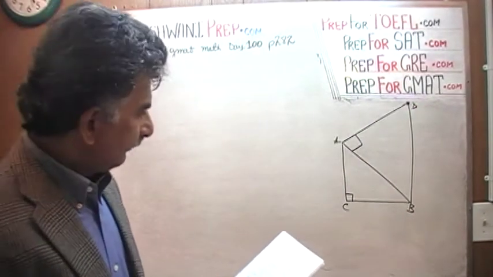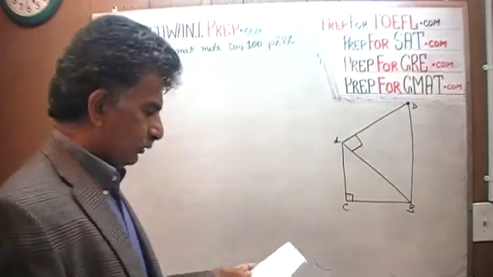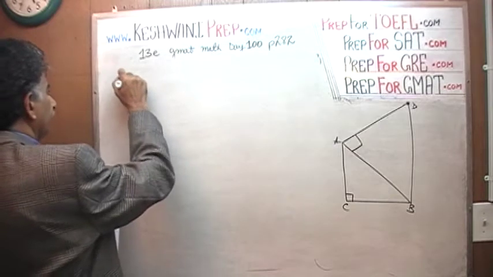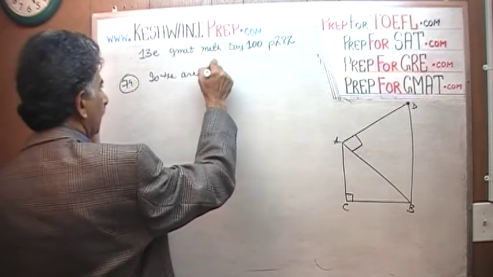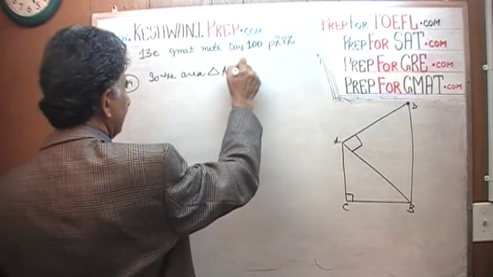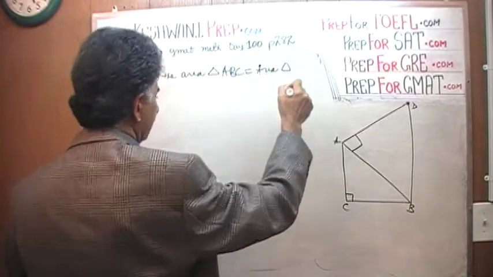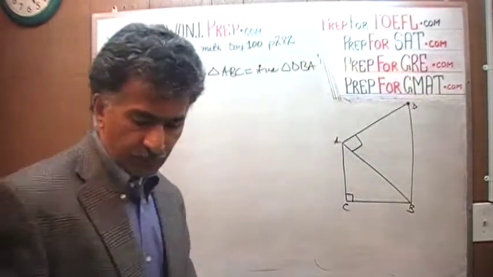The question simply is: is the area of triangle ABC equal to the area of triangle DBA?